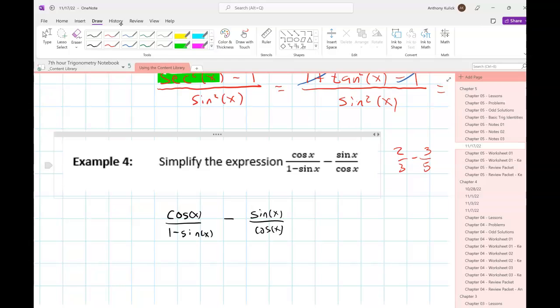Is there a common factor between 1 minus sine x and cosine x? Nope. There's no common factor between them. So what should the common denominator be? 1 minus sine x times cosine x. Is everybody okay with that? So what do I need to multiply cosine x over 1 minus sine x by to make that common denominator?